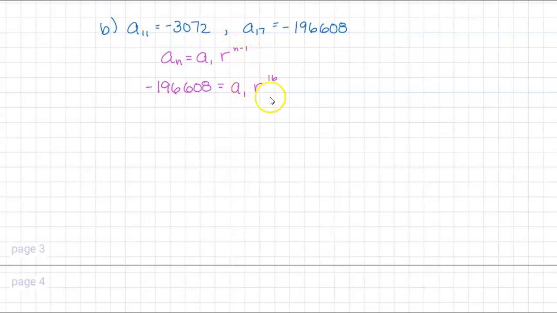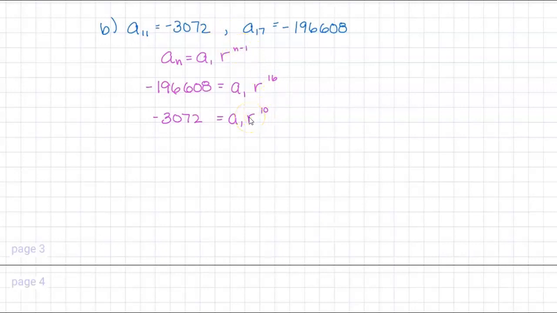I can't fill in a sub 1 or r because I don't know those yet. Then I'll do the same thing with the other term: negative 3072 equals a sub 1 times r to the 10th this time, because I'm plugging 11 in for n, and 11 minus 1 is 10.